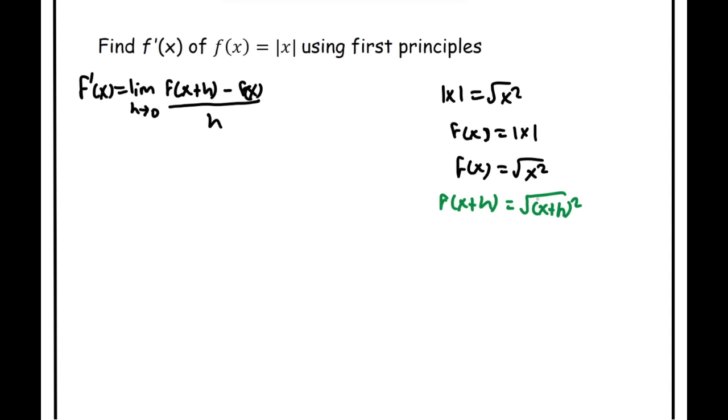Now be sure not to cancel the square root and the square symbol, because that defeats the whole purpose of us writing it in this way. We must keep it like this until a certain point.